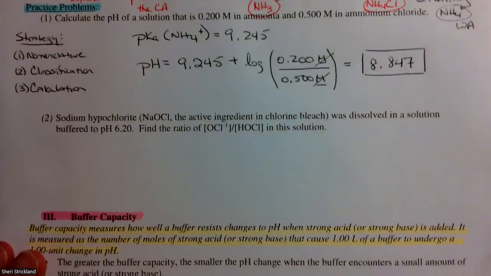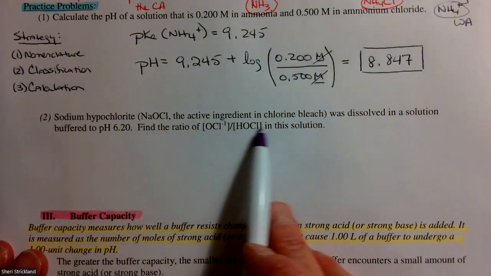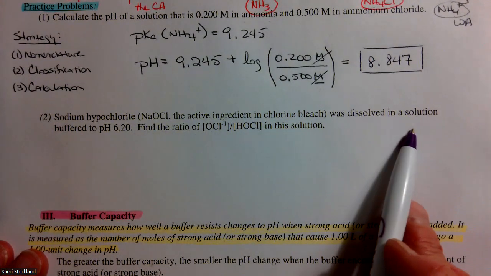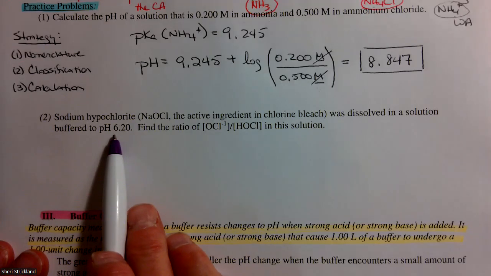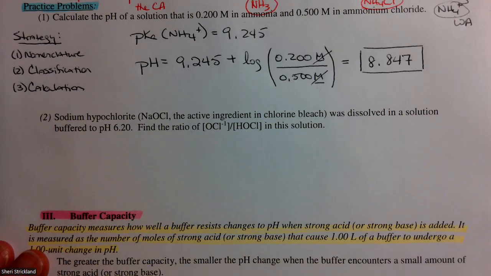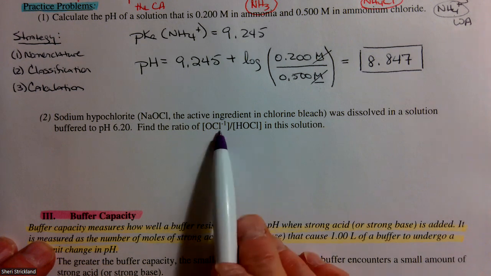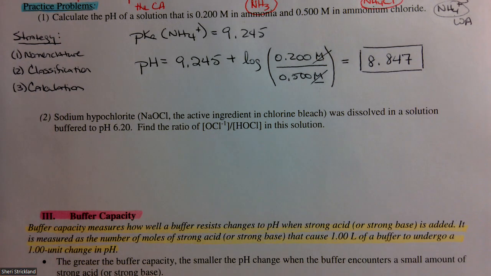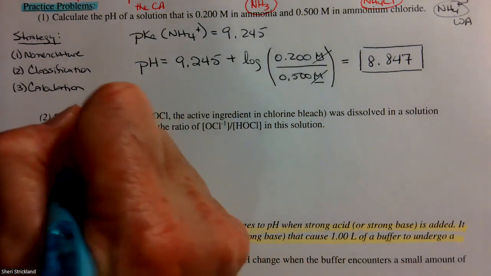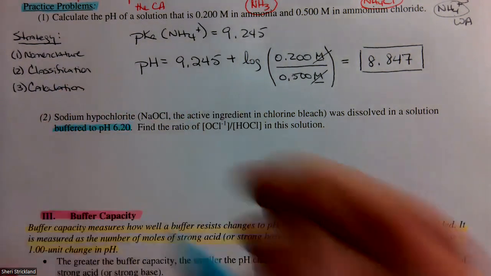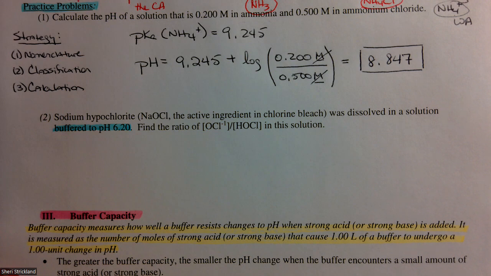Sodium hypochlorite, NaOCl, which is the active ingredient in chlorine bleach, was dissolved in a solution buffered at pH 6.20. Find the ratio of the conjugate base to the conjugate acid concentrations. So let's see what we got here.